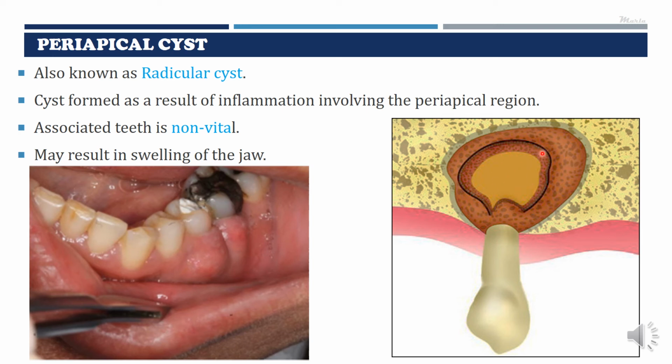If it is a true cyst, it will have an epithelial lining around the lumen, and the epithelial lining will always be surrounded by a connective tissue capsule. Clinically, certain radicular cysts may also result in swelling of the cortical bone or the swelling of the jaw. This is a feature which is commonly seen in case of radicular cyst, that is cortical expansion.